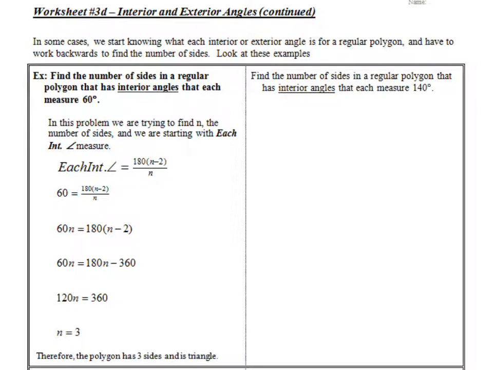So it's telling us that each interior angle measures 60 degrees, which means I'm going to use the each interior angle formula, which is this one. But instead of giving us the n, they're actually giving us the each interior angle. So I'm going to take my 60 degrees and put it right in there, which gives me 60 equals my formula, 180 times (n minus 2) over n.